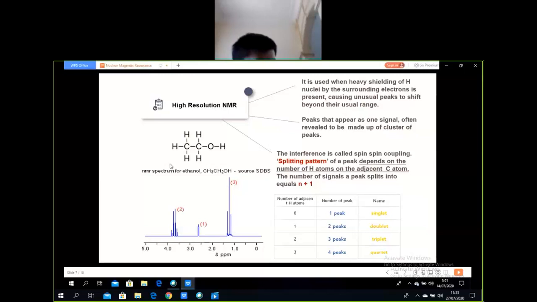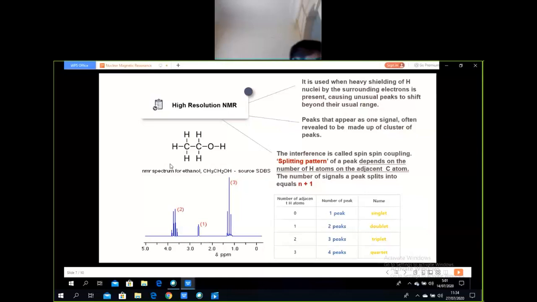The interference is called spin-spin coupling. The exact splitting pattern of a peak depends on the number of hydrogen atoms on the adjacent carbon atom or atoms. Okay, so let me repeat.